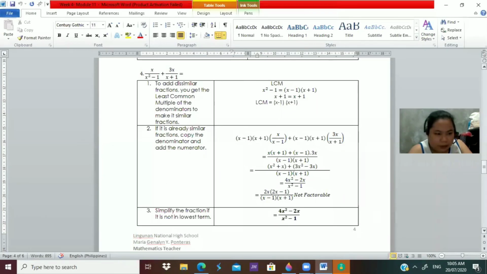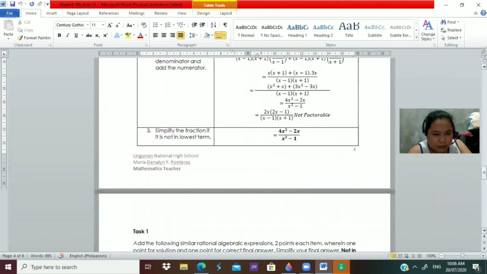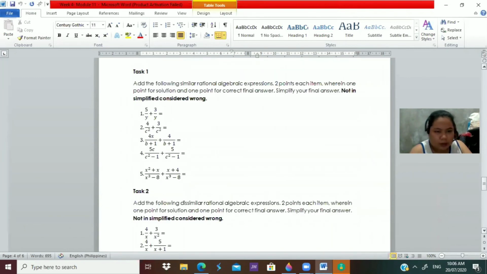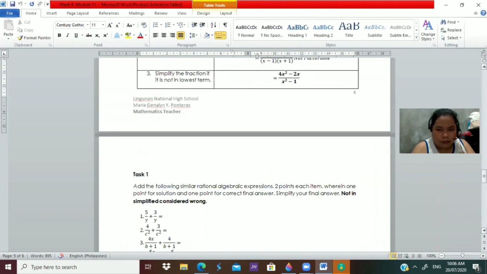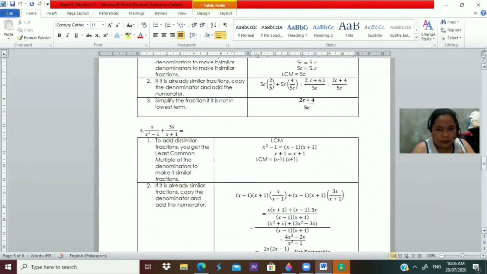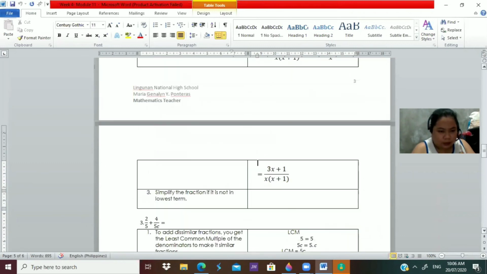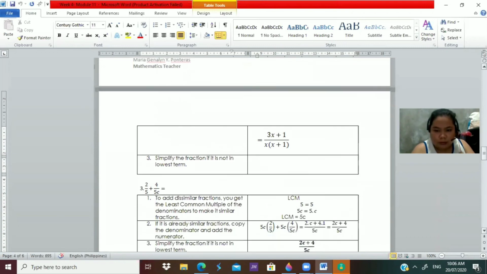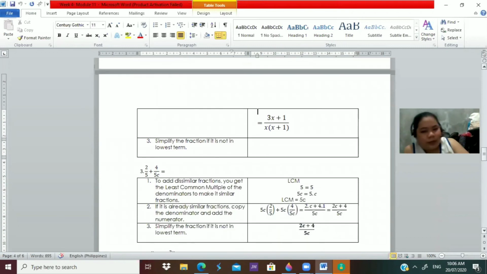Kasi ayoko na may ma-miss. Okay. This is the task already. So, ito na po yung mga task natin. Ito na yung ating mga task. Si number 3, pinapaubaya ko na sa inyo. Pero yung sagot po niyan ay tama. Okay.